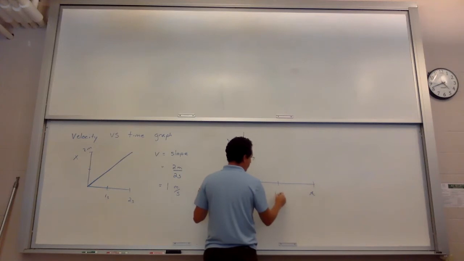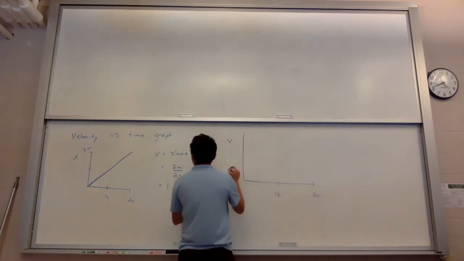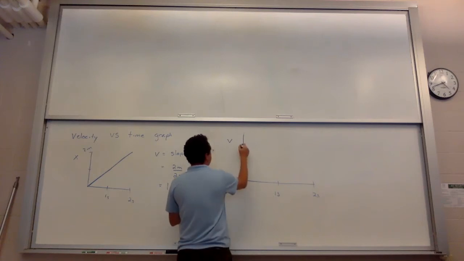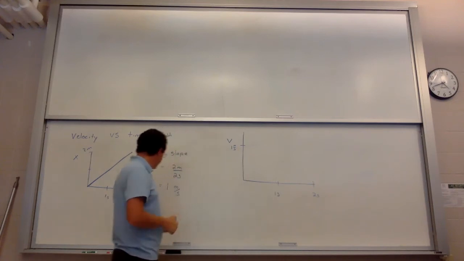So for 1 second, here I have 2 seconds. And the velocity is, let's just go here and we'll say 1 meter per second. And let's plot points to see how that would go.